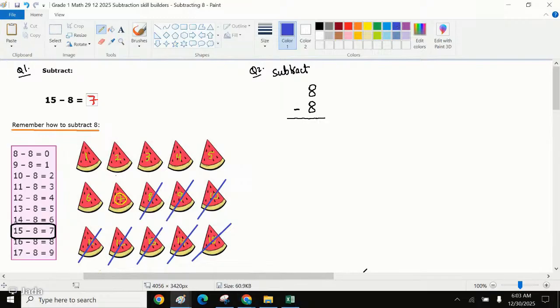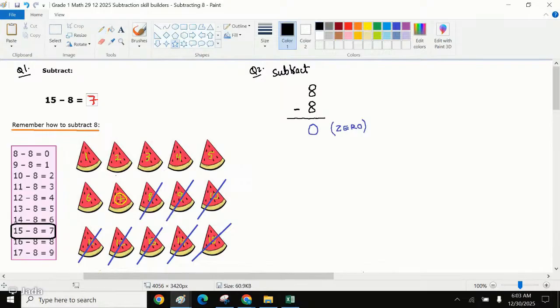So when you have nothing left, that means it is a 0. This is known as zero. A 0 is left. You don't have anything left with you, right? Let's look at an example of this.